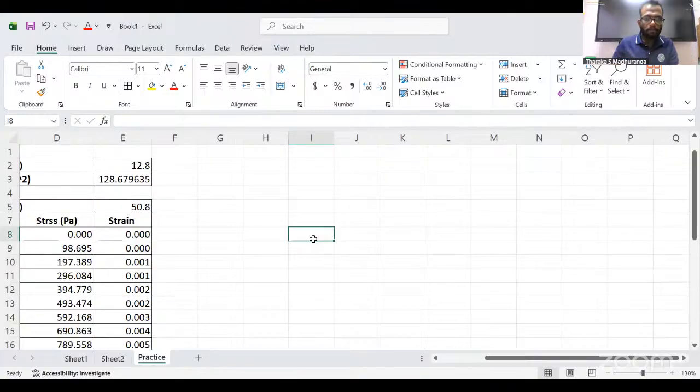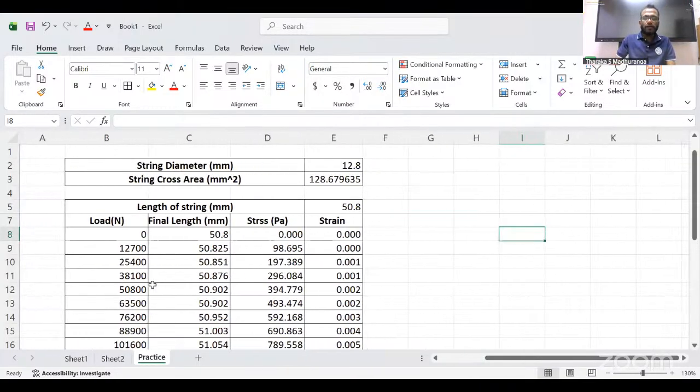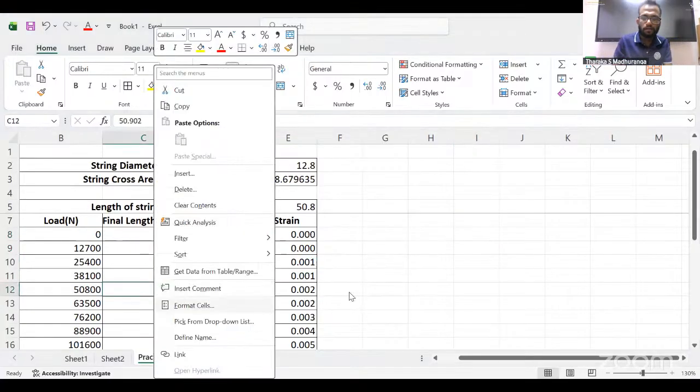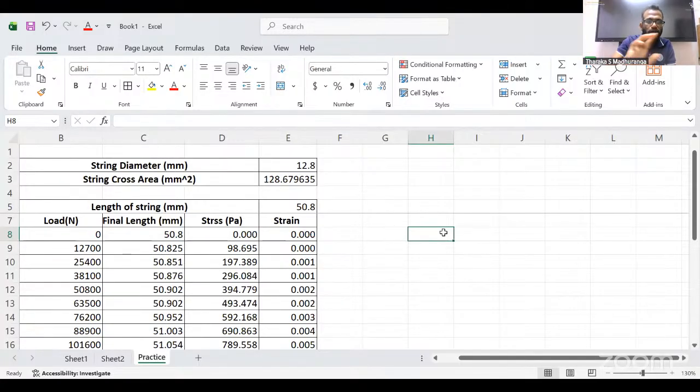Okay. Well, Sarmia, now think, let's do a simple calculation. Think I want, in the H8 cell, equals bracket, the load divided by initial length.